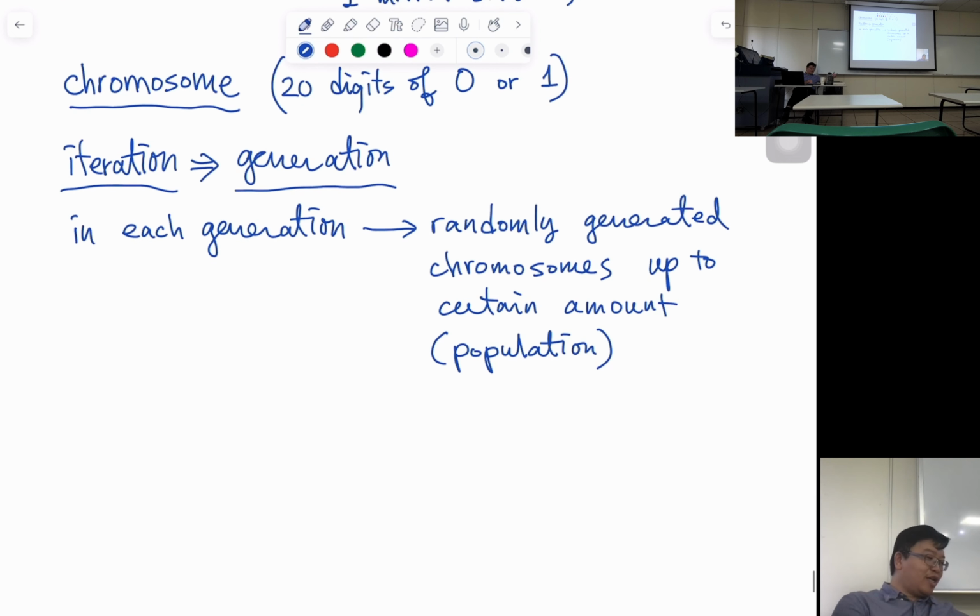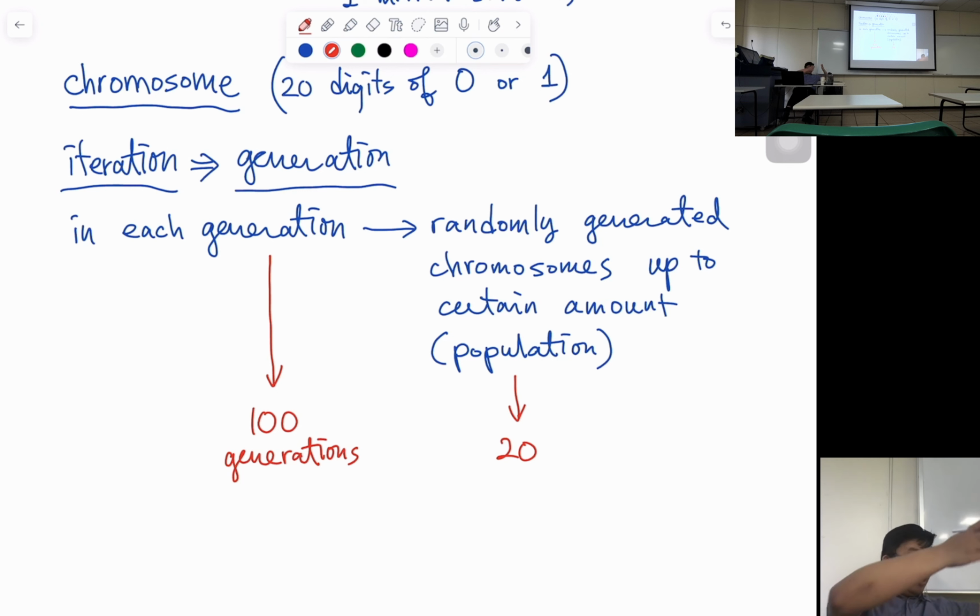So let's say in my problem, I'm going to produce this kind of random generation 100 times, for example, 100 generations. And in each generation, I'm going to randomly generate 20 chromosomes. So my population for each generation is 20.